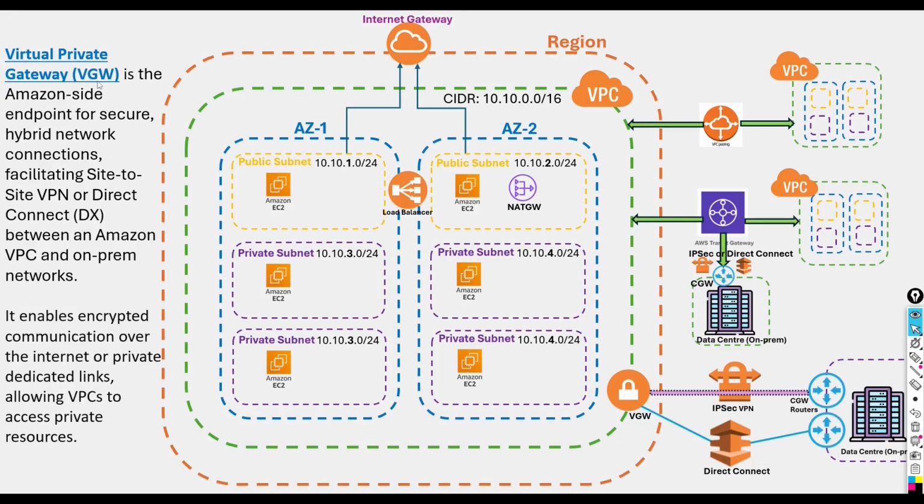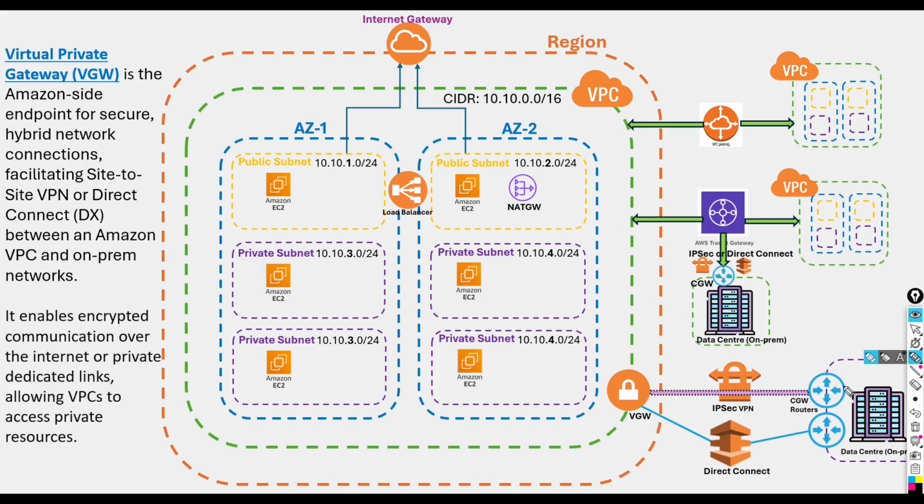Virtual private gateway. In AWS terms, we call it VGW. VGW is the Amazon side endpoint for secure hybrid network connections, facilitating site-to-site VPN or Direct Connect between an Amazon VPC and on-prem networks. Similar to transit gateway, we can form a connectivity between VGW and the on-premise CGW.